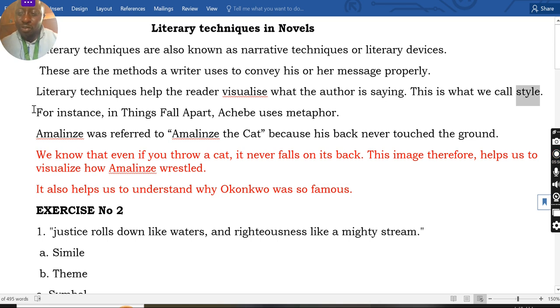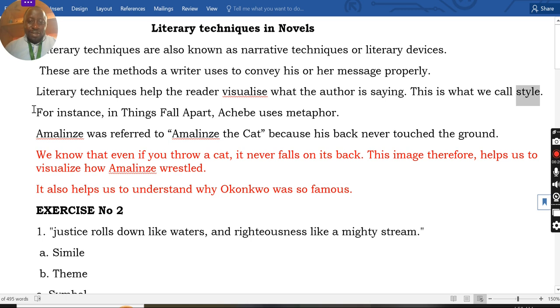We know that even if you throw a cat, it never falls on its back. So this image helps us to visualize how famous Amalinze the Cat was in the wrestling game.